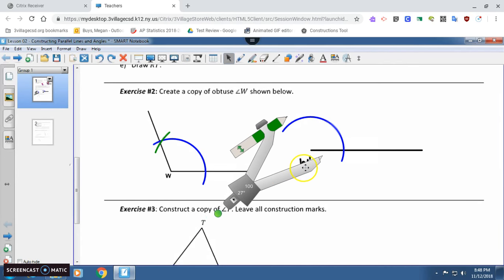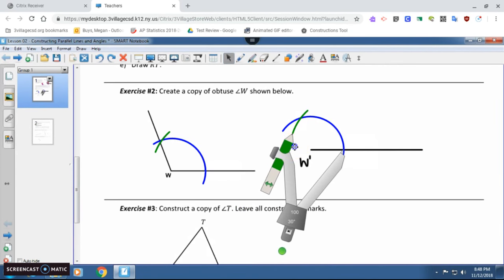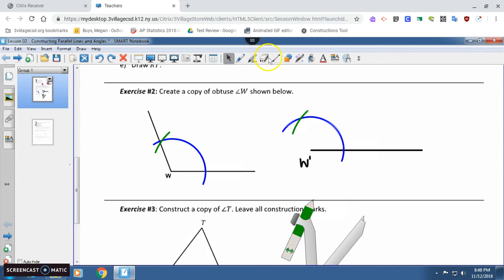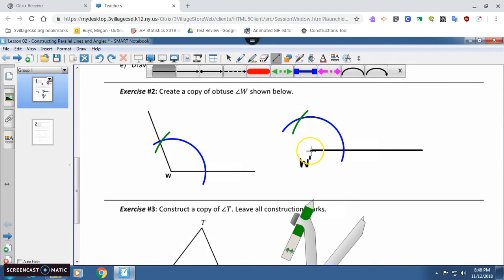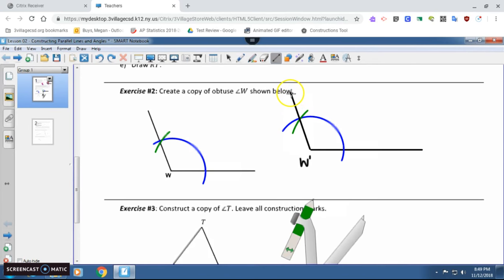That arc's so important for us to get full credit in our construction. From there, from the intersection we made on our new angle, we'll make an arc, and that's exactly where this angle is going to pass through. So from the original point W, we draw a line that passes through our angle.